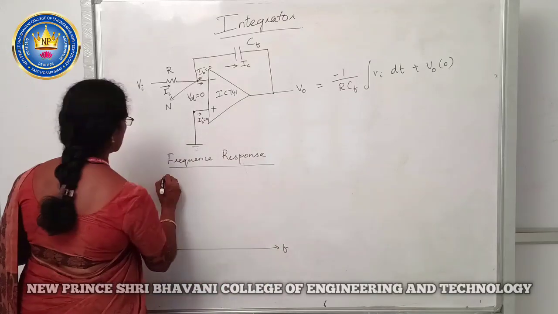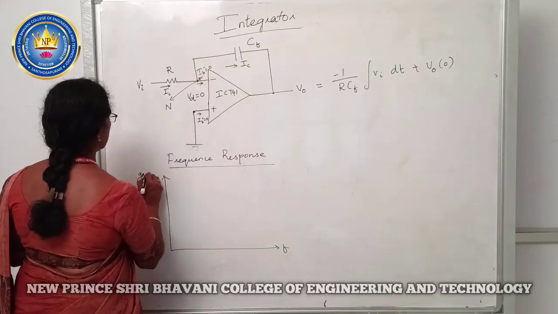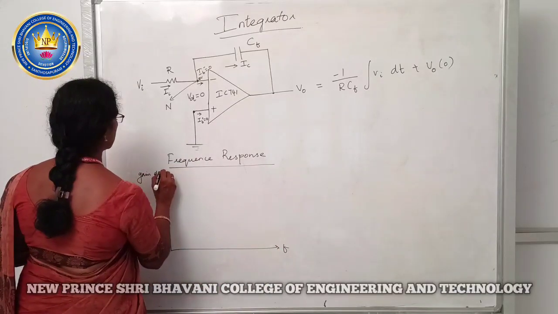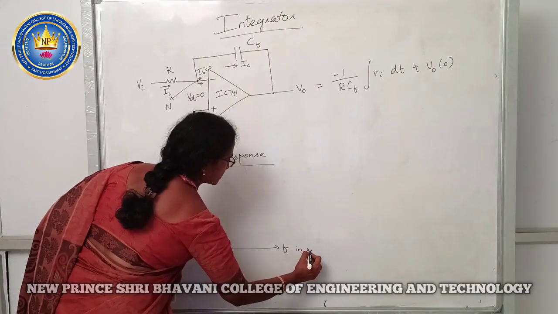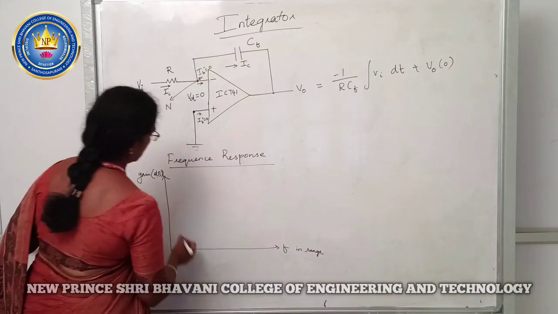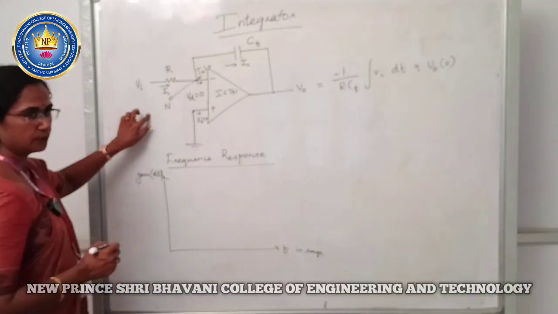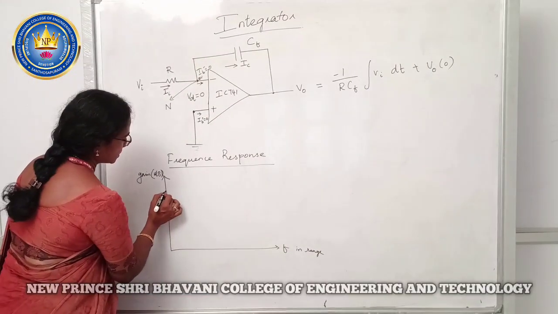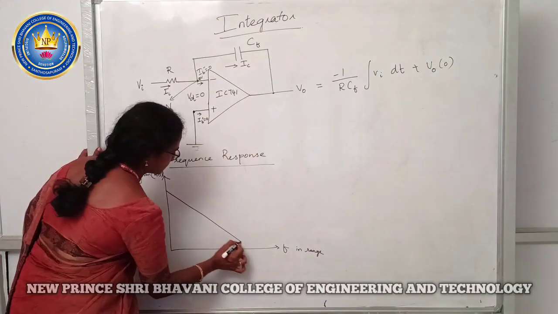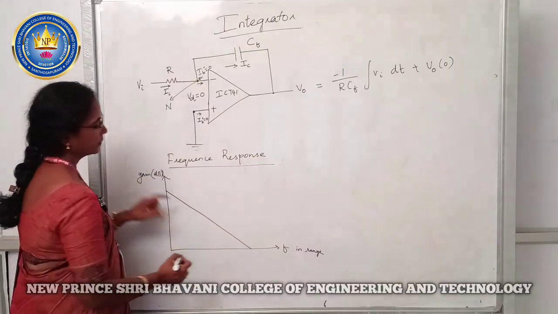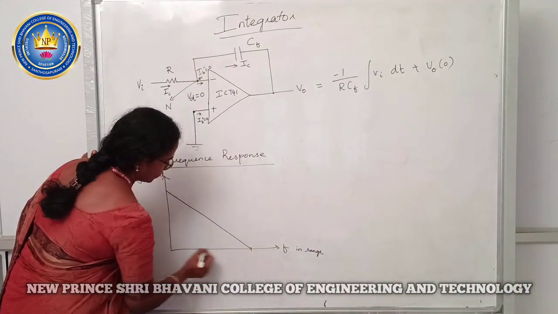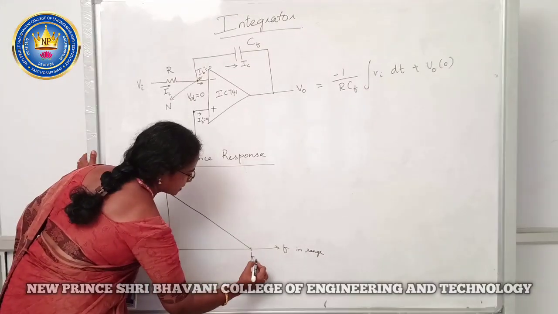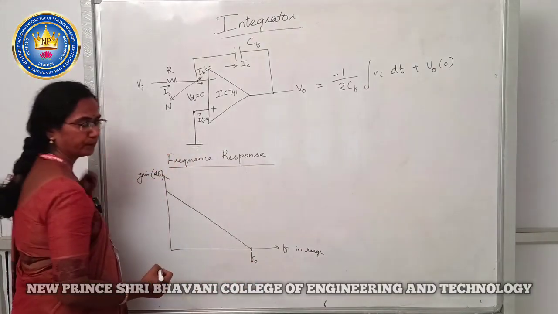So, this is frequency, this is gain in decibels, this is in range. For this circuit, the frequency response will be like this. Okay. So, the curve touches this 0 dB line at say FO.